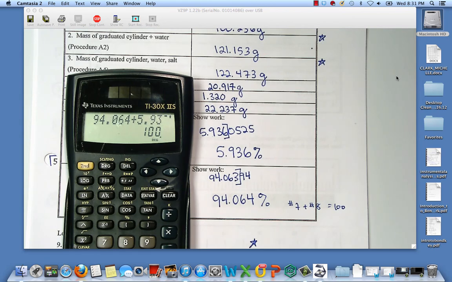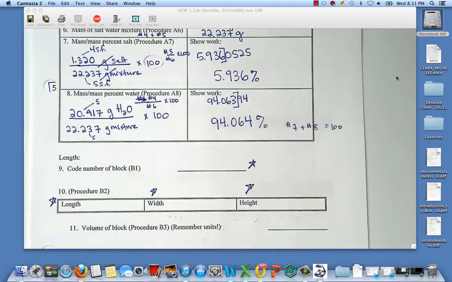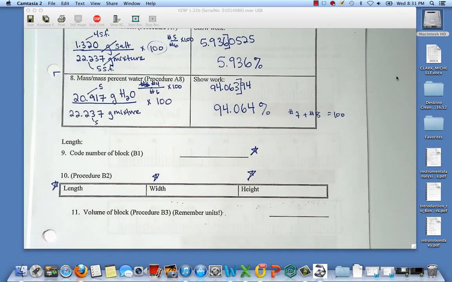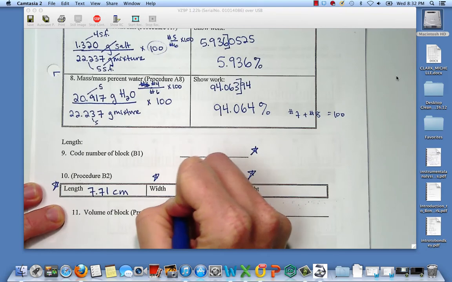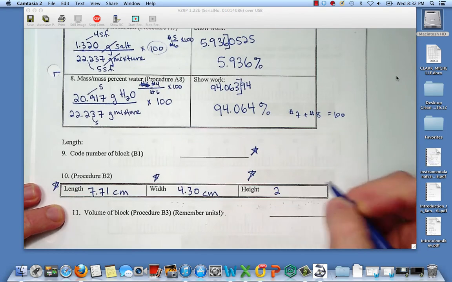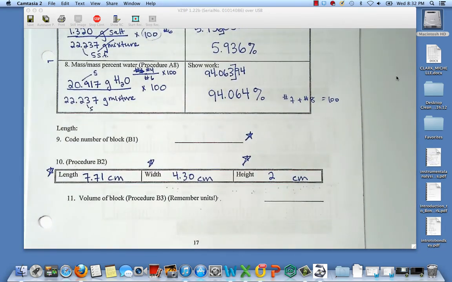Okay. All right, number 10. So for number 10, remember you were measuring the length, width, and height of a block of wood.